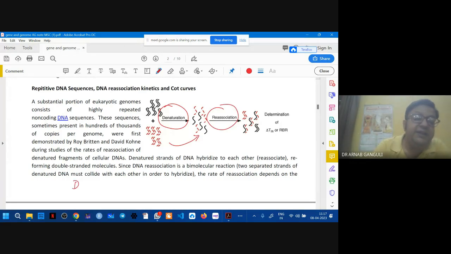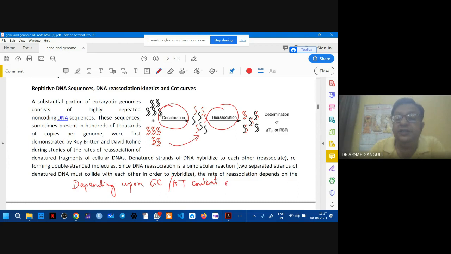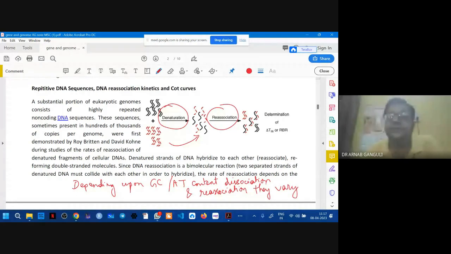So depending upon the GC content, dissociation and reassociation vary.